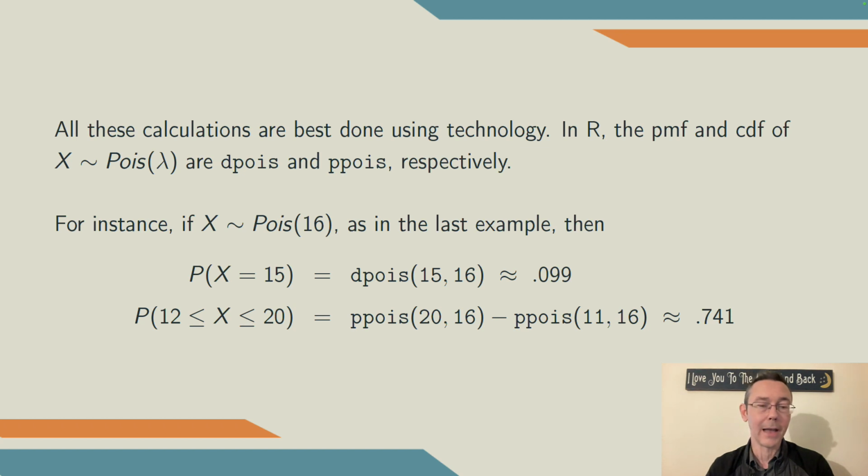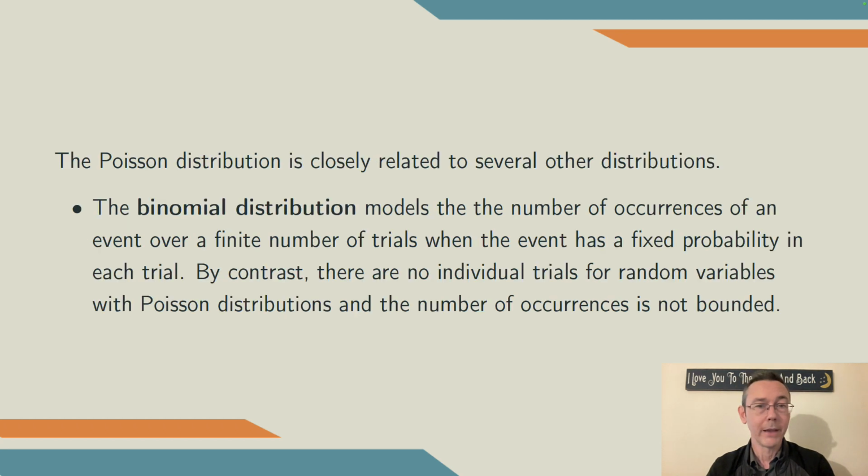So by doing ppois(20, 16), we're getting the probability of being less than or equal to 20. Then we're taking away the probability of being less than or equal to 11 when we subtract off that other ppois. We get 74.1% just as before.